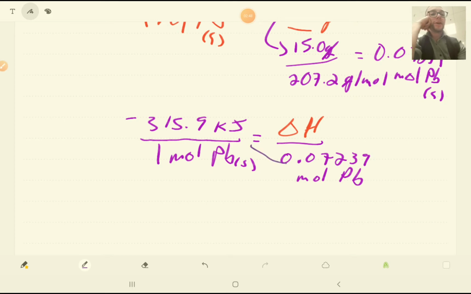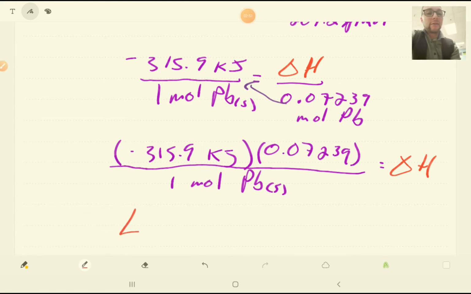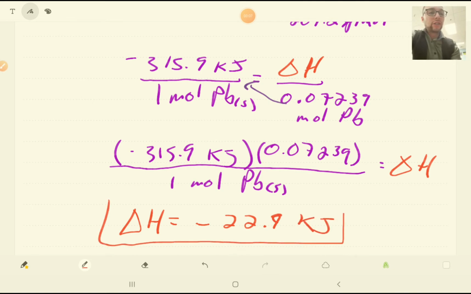Then we cross multiply these two together, and finally we get an equation. Plugging this into the calculator, we get an enthalpy change value of about negative 22.9 kilojoules. So this is us changing the proportions of the enthalpy changes in our balanced chemical reaction.